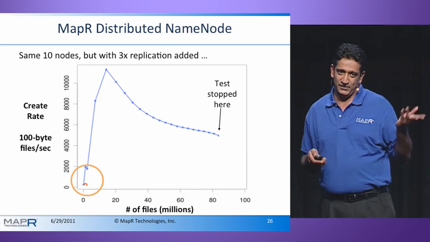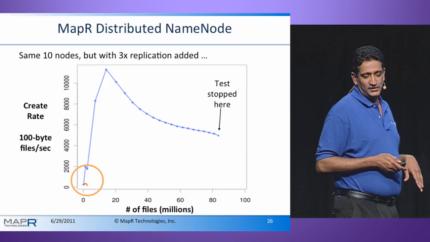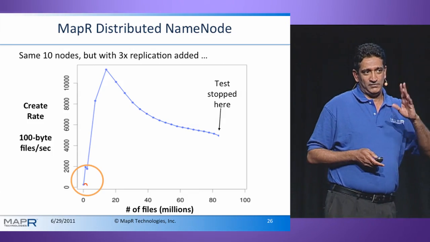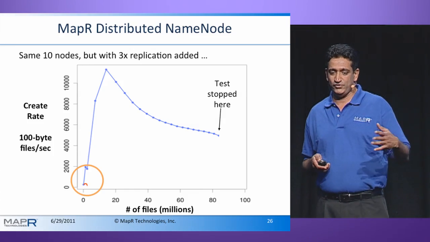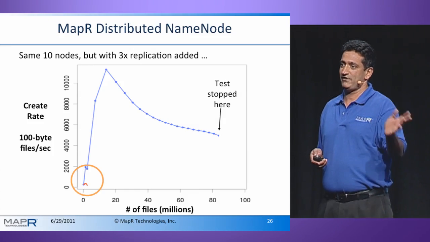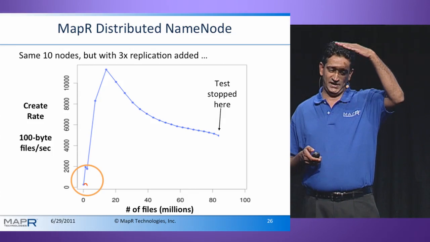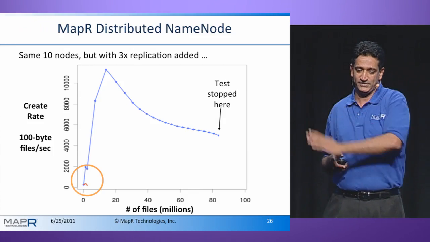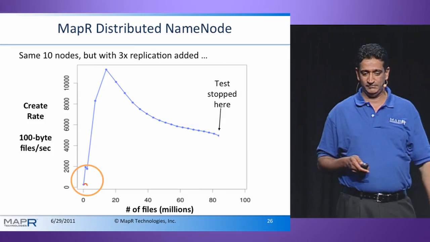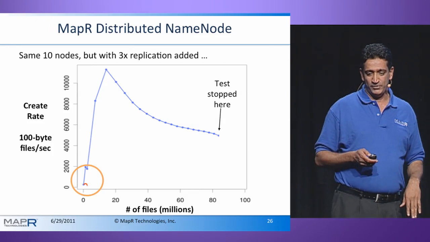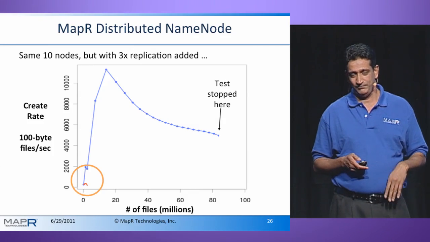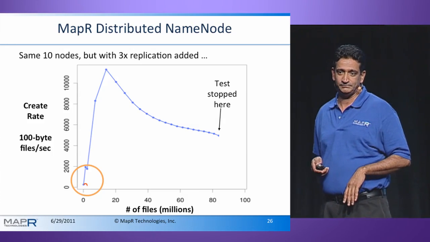We stopped the test at that point. We said it's doing pretty well. And the create rate was about 20x. Of course, if I added 10 more nodes, this graph would move straight up by another 8,000 or 10,000, and then move to the right also by another 80 million. And I just superimposed the old graph on this one, and that's the kind of performance we got.